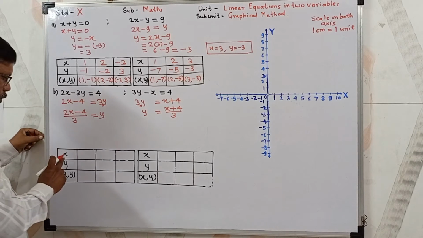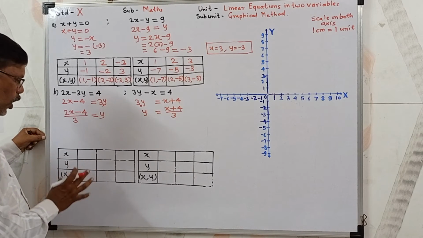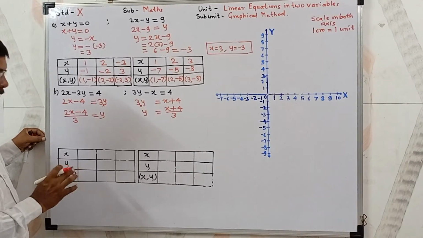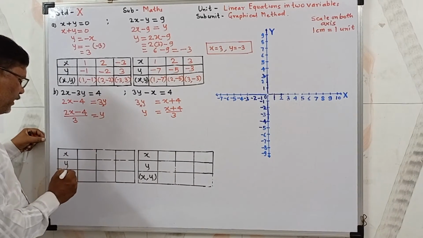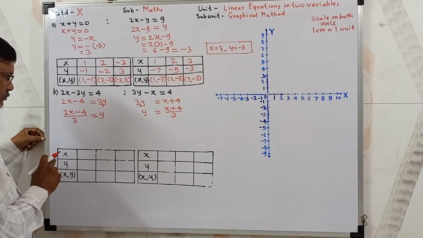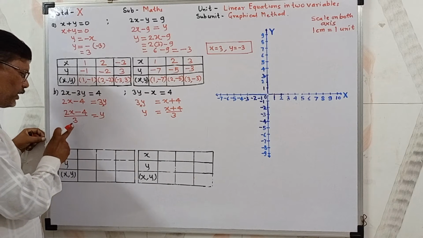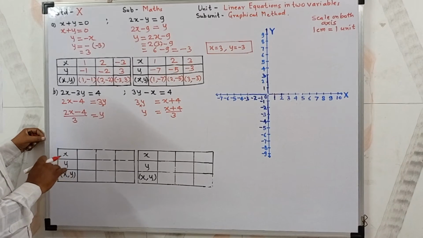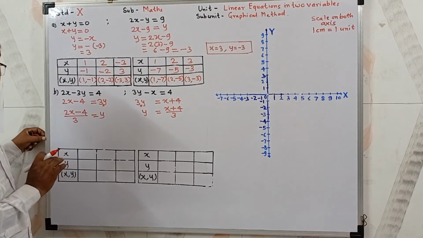So now we have to draw the lines on that graph. So we must find out the points. So now we take the points. Listen here. Here 3 is the denominator.